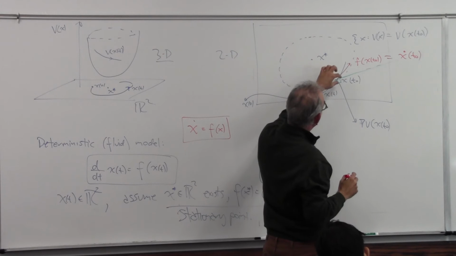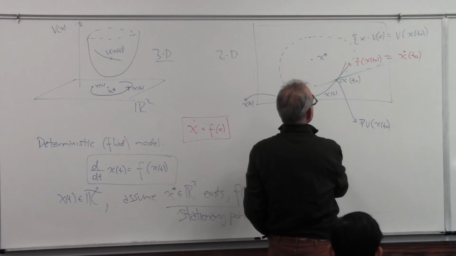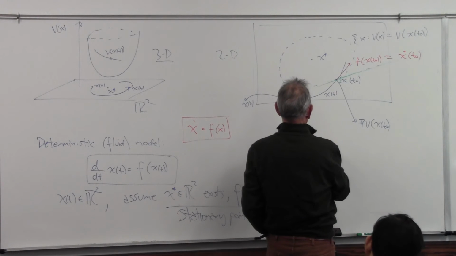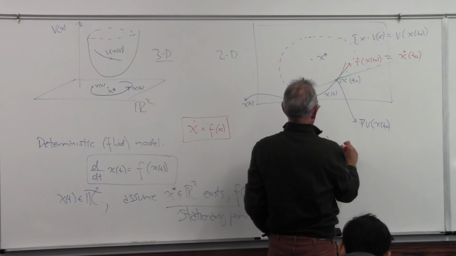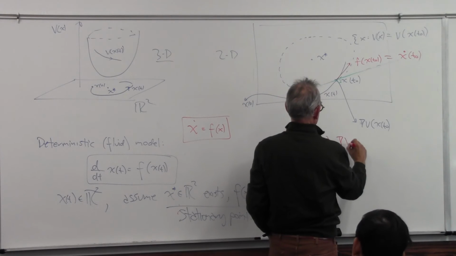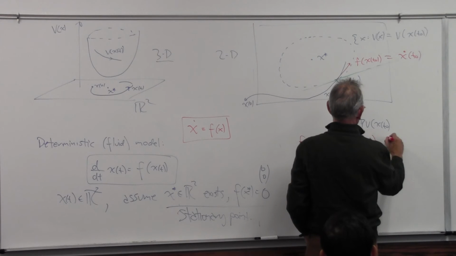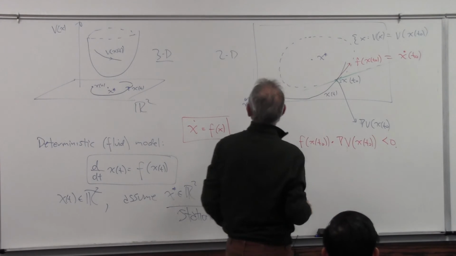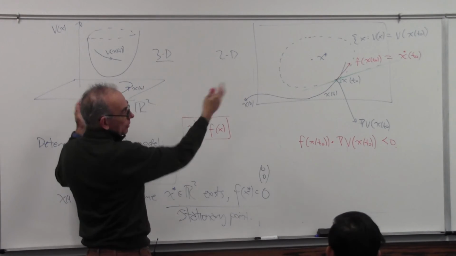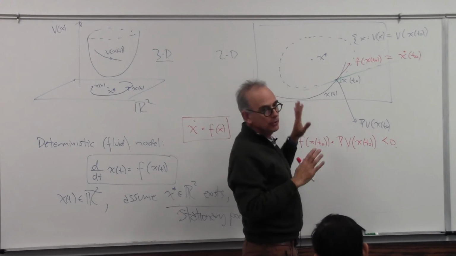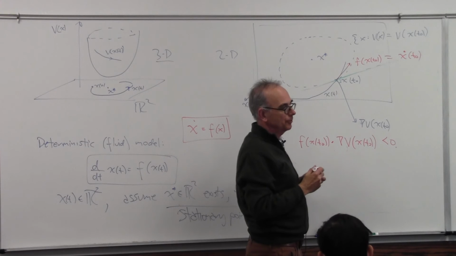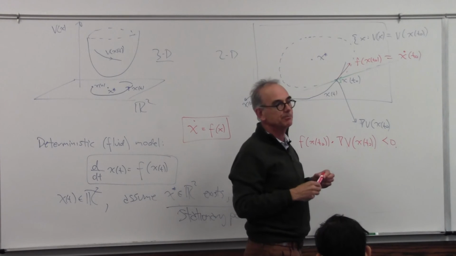And that dot product is negative. So this is just repeating what I already wrote down. This is the geometry that turns out to be really useful all over the place.